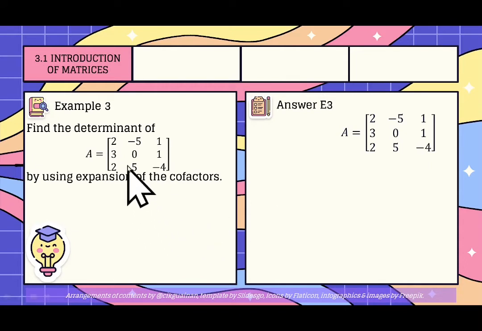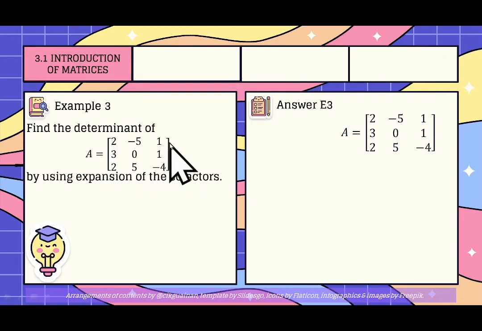As you can see over here, we have 0 in the middle, right? So it is best if we expand along the second row over here, 3 0 1, or the second column, -5 0 5. So you can choose. There are two ways, but that's the best way.